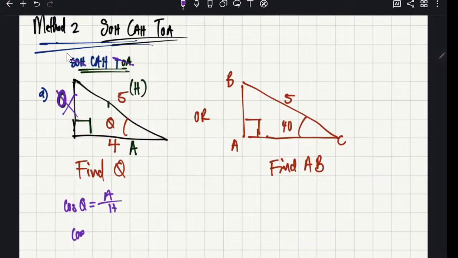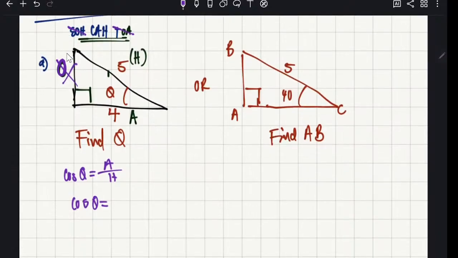So here you'll be now saying, cos, what is the theta? It's still theta. Here, what is the adjacent? 4. Over what is the hypotenuse? 5. So you label, you remove the side you don't want. Then you can continue.